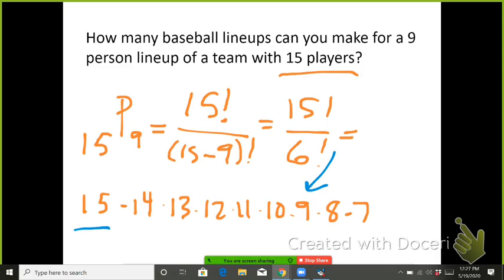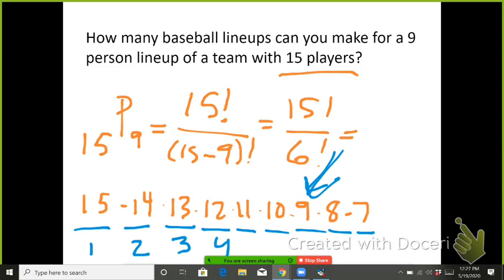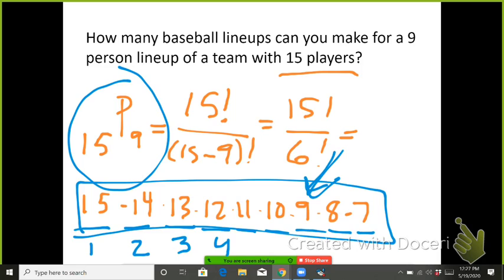You have 15 people who can bat in the leadoff spot, and once someone bats leadoff, they can't bat in any other part of the order. So that's the guy batting first, then there are 14 people who could bat second, then 13 who could bat third, and so on, and that's 9 things being multiplied together. Now, you don't really need to do this, because you could just type it into your calculator and get the same answer.